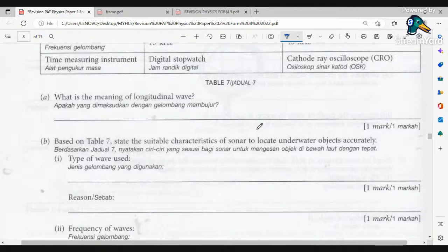Okay, so what is the meaning of longitudinal wave? Okay, a wave which vibration of particle or molecule of medium.